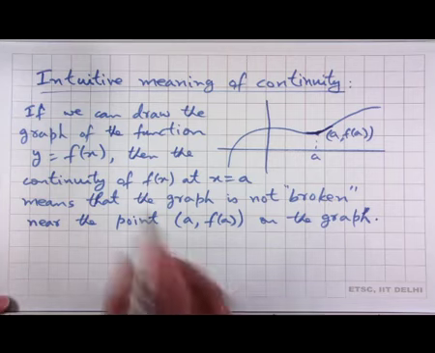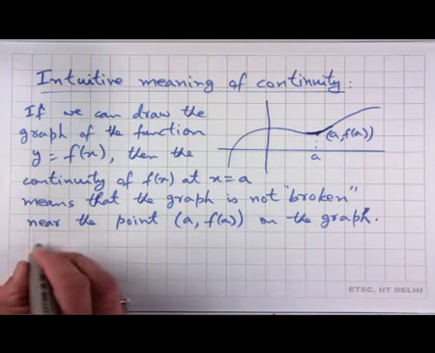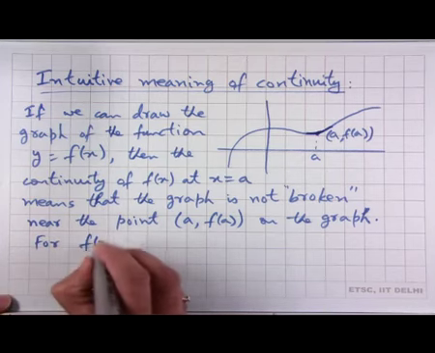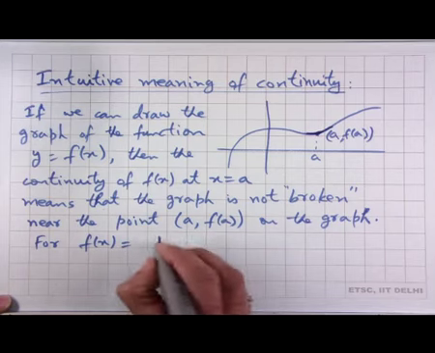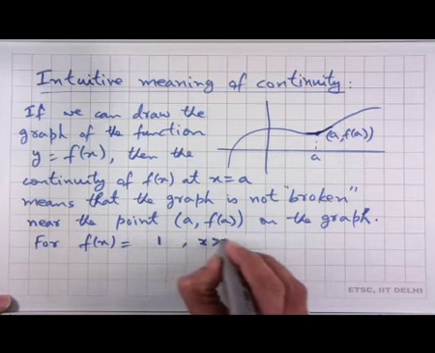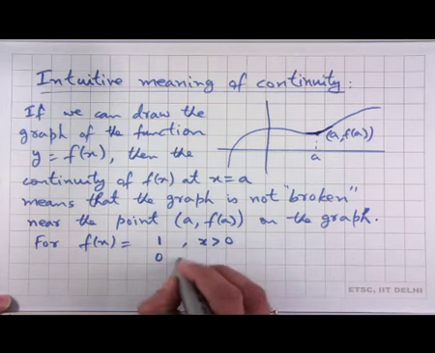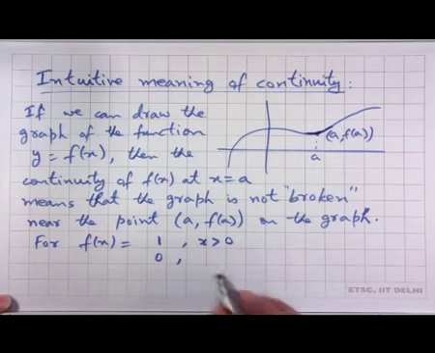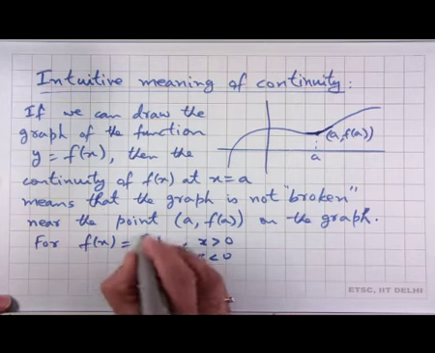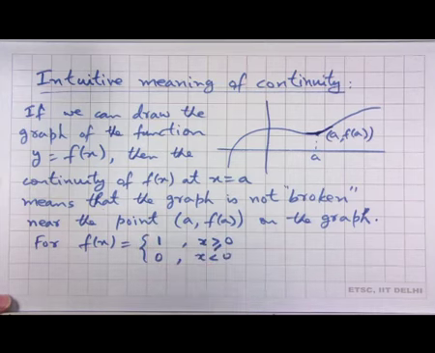So, for example, for the previous example, f x equal to 1 for x greater than 0 and 0 for x less than 0, or we said for x greater than or equal to 0 it is 1.